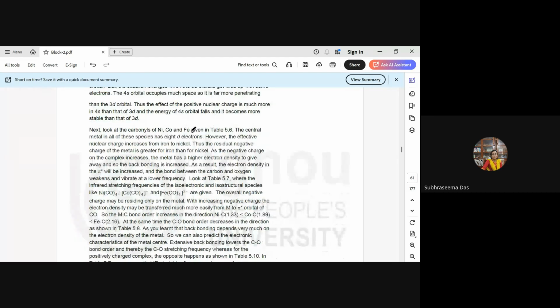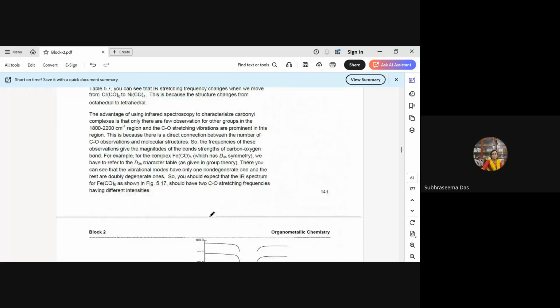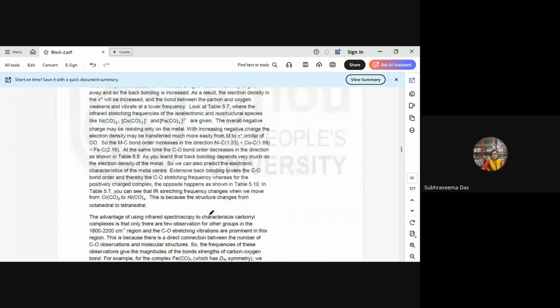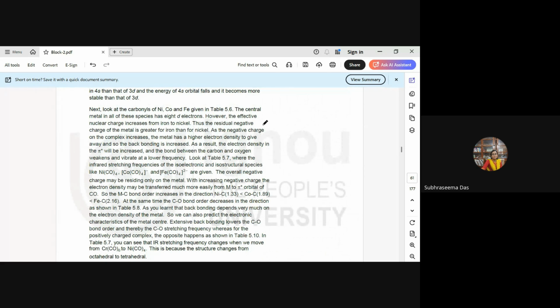So now here look into the carbonyls of nickel and iron. When we look here, the central metal in both nickel and iron has 8 d electrons, that is, it is a d8 system. But the effective nuclear charge increases from iron to nickel. Because of the change in this Z effective, the residual negative charge of the metal is more for iron than for nickel.